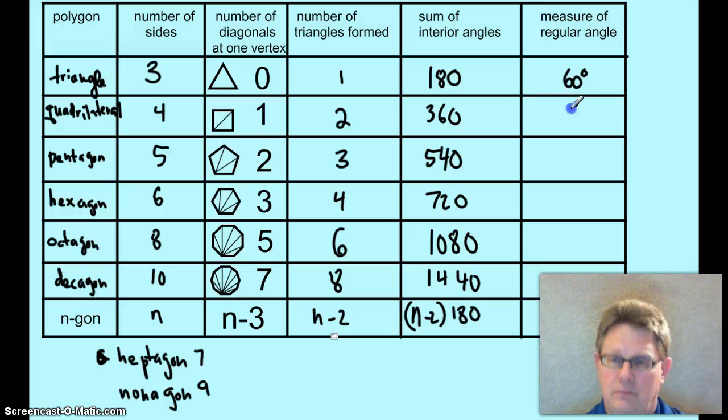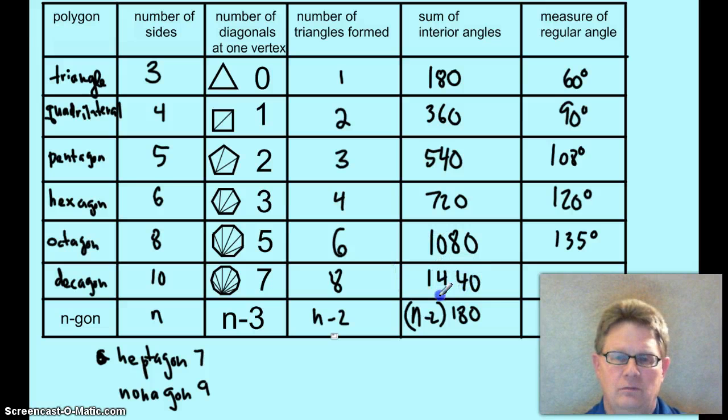That would be 90 degrees. 540 divided by 5, if this was a regular pentagon, that would be 108 degrees. 720 divided by 6 congruent angles, 120 degrees. 1,080 divided by 8, each one of those interior angles would be 135 degrees.